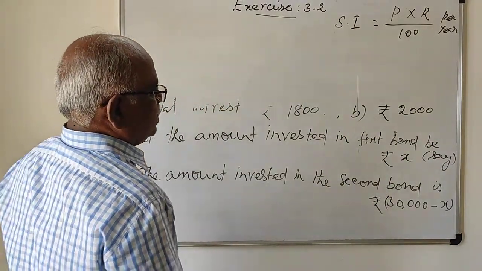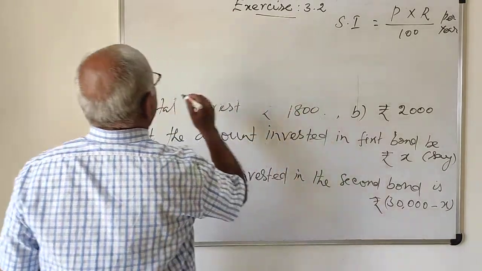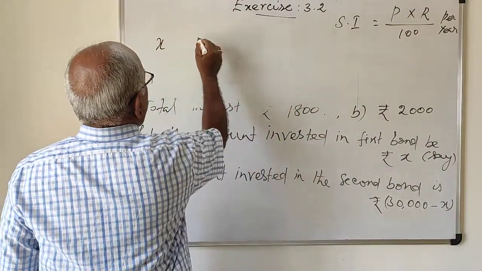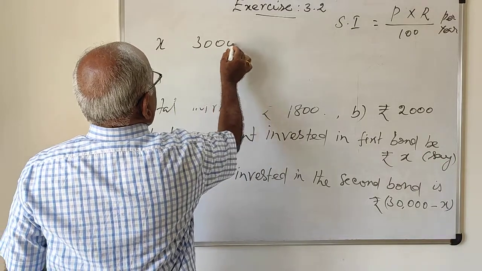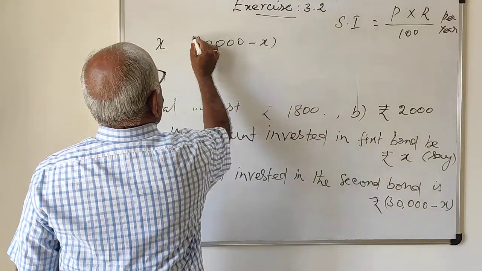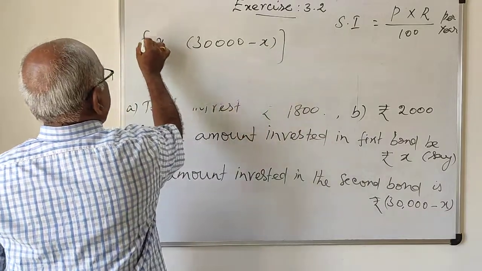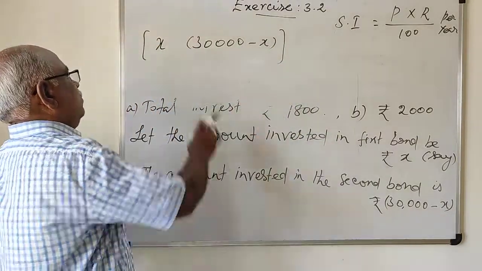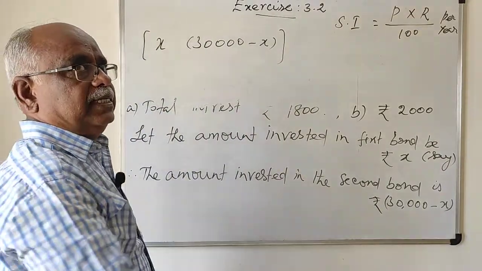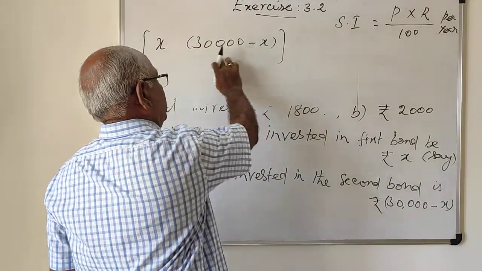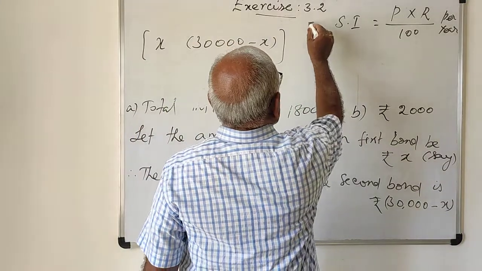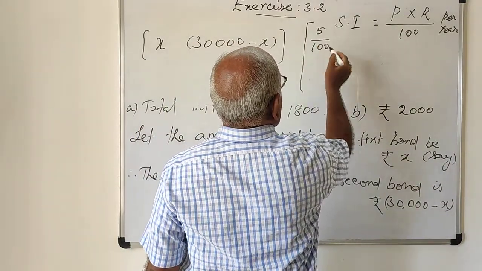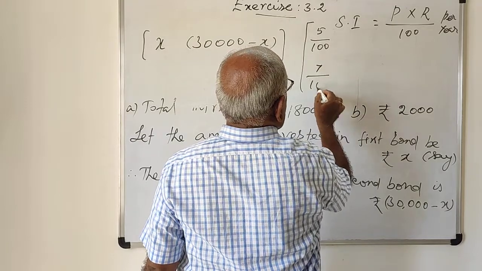See, the amount invested in the first bond is X. So by the matrix method, the first bond amount invested is X, in the second bond the amount invested is 30,000 minus X. This is one matrix consisting of a row and two columns. The interest from the first bond is 5 by 100 and the second bond is 7 by 100, because 7%.